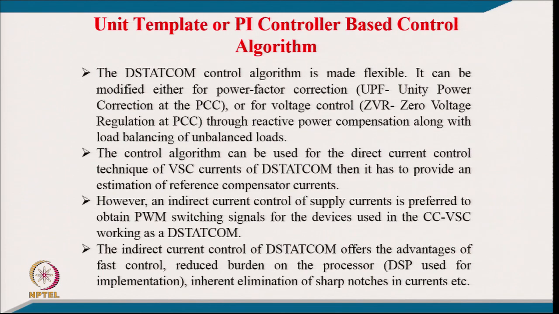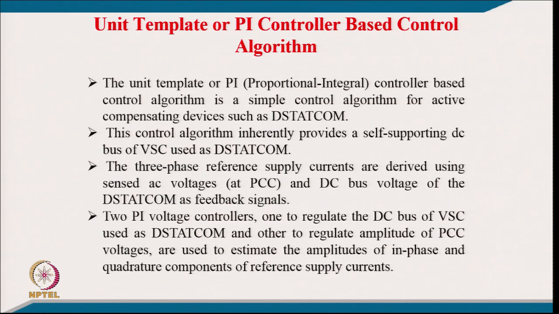If the supply current is meeting your requirement, then indirectly the D-STATCOM is bound to compensate your load. So, indirect current control of D-STATCOM offers the advantage of fast control, reduced burden on the DSP processor for implementation, and inherent elimination of sharp notches in the current if there are any.